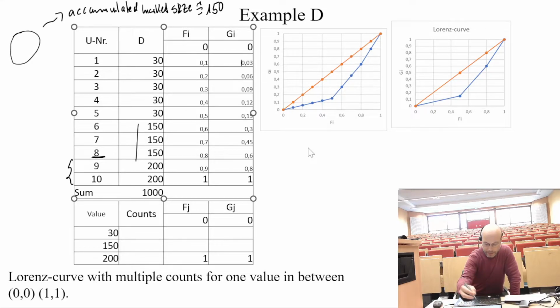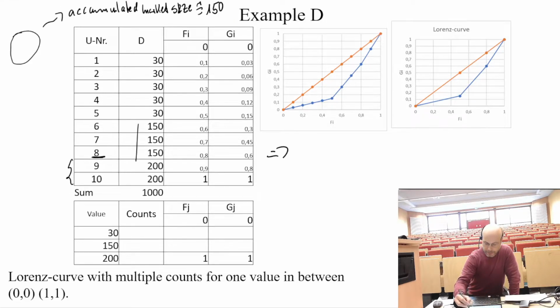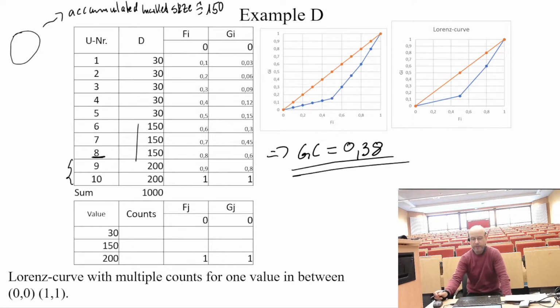So in this case, you obtain GC equals 0.38.